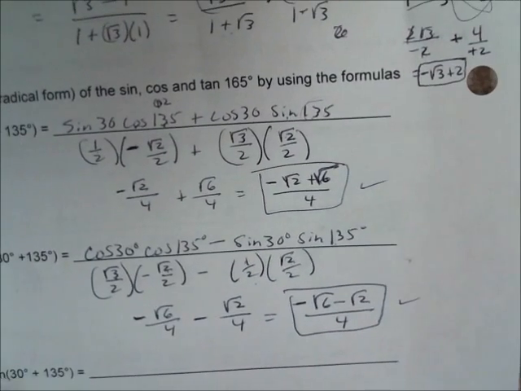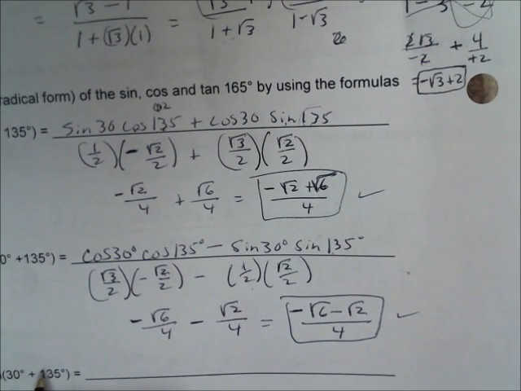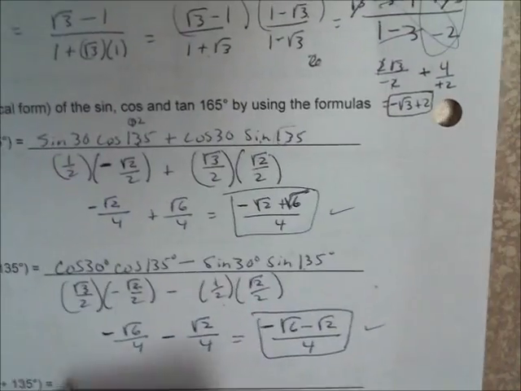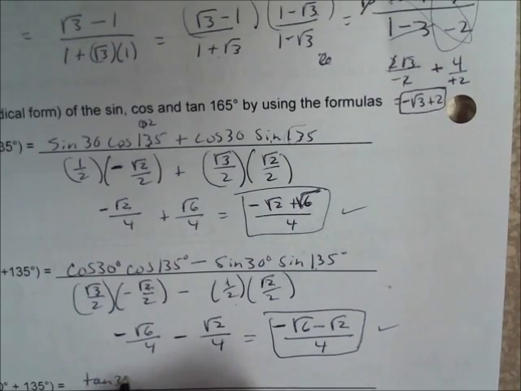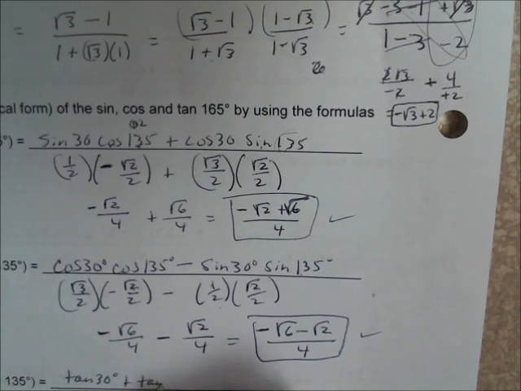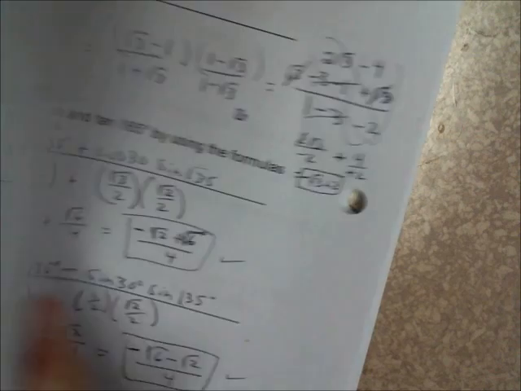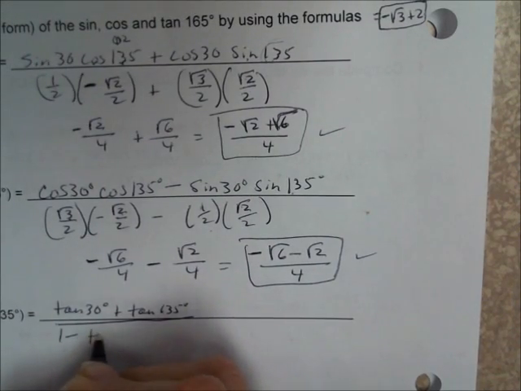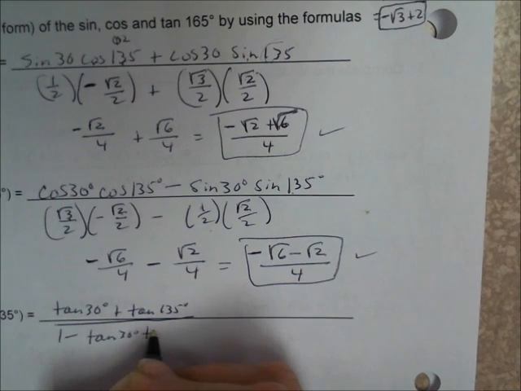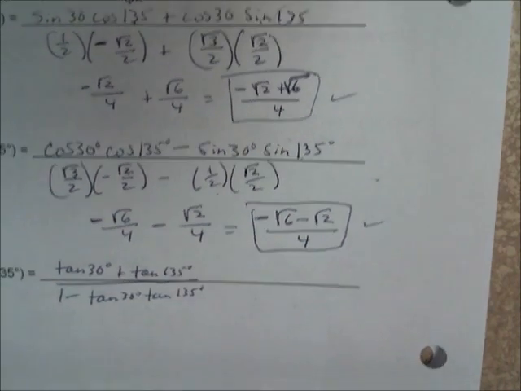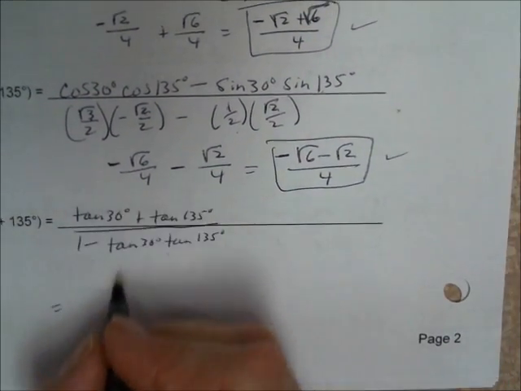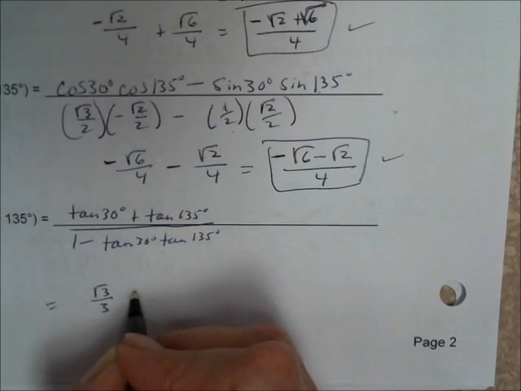And then one last time, the tangent of the sum of two angles. Let's use the formula: tangent of A, tangent of 30, plus the tangent of B, all over 1 minus tangent of A times the tangent of B. Tangent of 30 is the square root of 3 over 3.